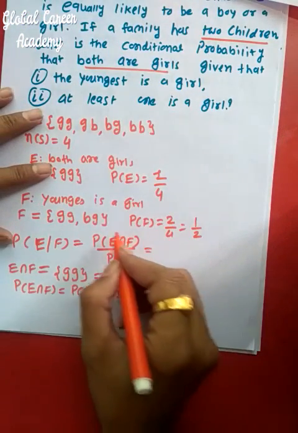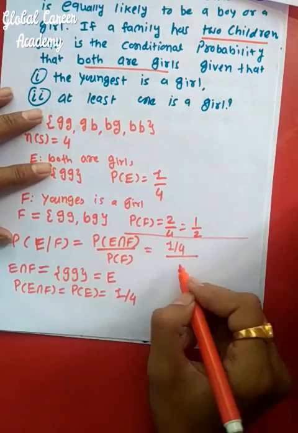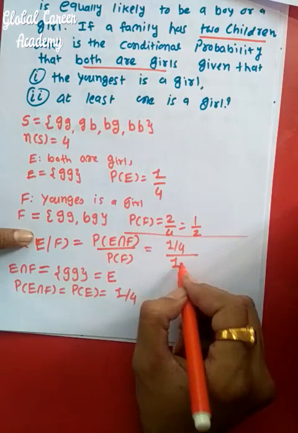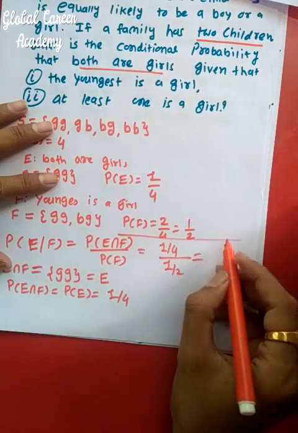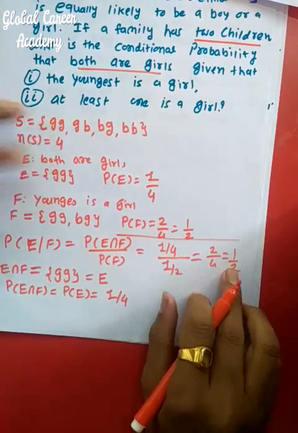So here we write probability is 1/4 divided by P of F. The probability of F is 2/4, which is 1/2.